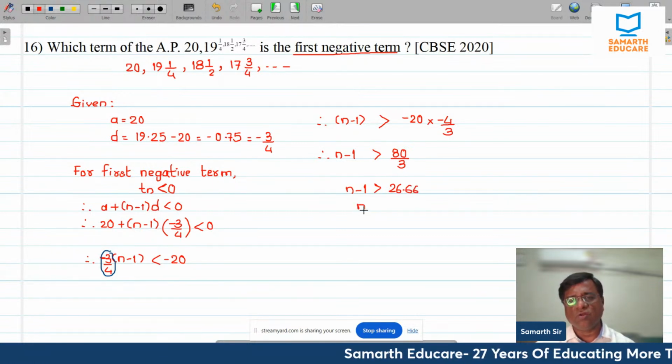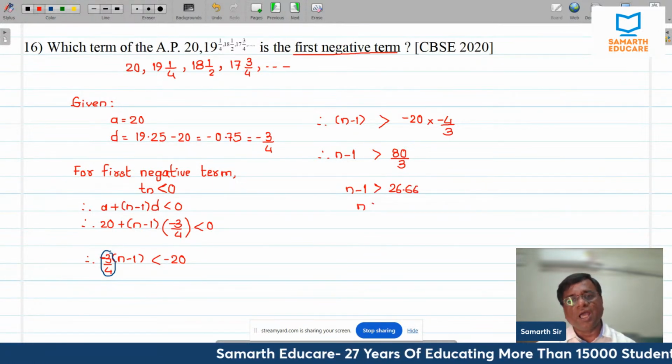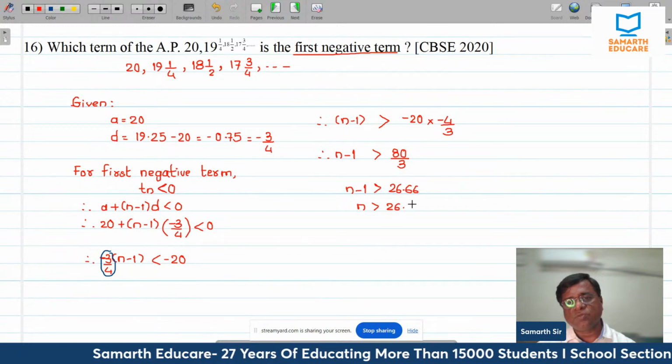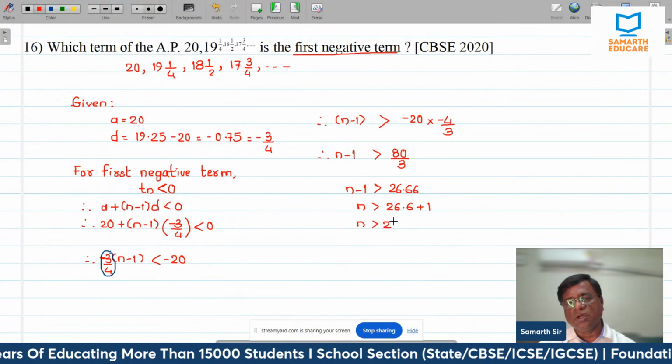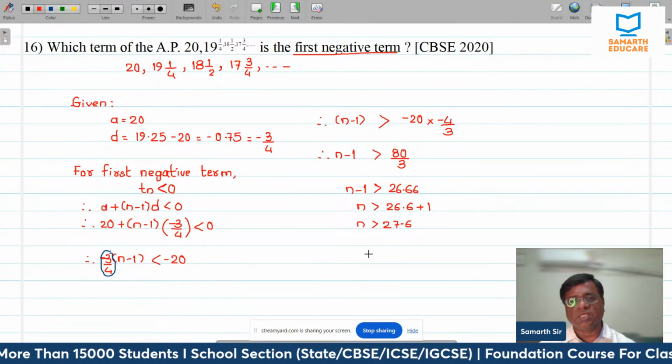We know that n is a natural number, but wait, I am taking this as 26.6 plus 1. That means n has to be something greater than 27.6.